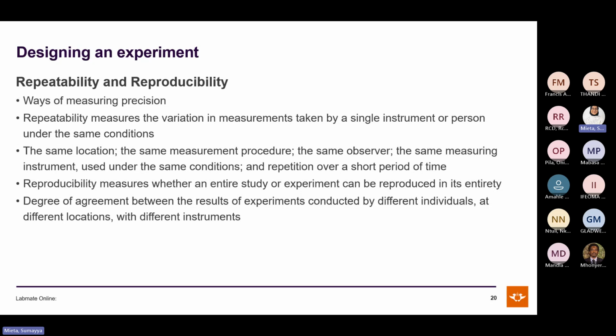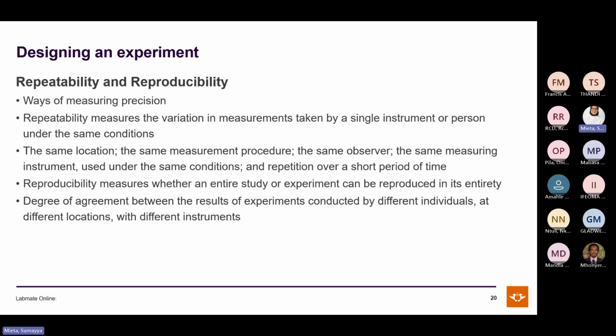If you are running the experiment, you will run this experiment today, you'll run it tomorrow, you'll run it next week, you'll run it the following week. And the results that you get using that same piece of equipment should be the same or within the same range. Okay, that's what we mean by repeatability. Your experiments are not repeatable if you do the same experiment with the same equipment, but you get two varying results or two polar results, two opposite ends.